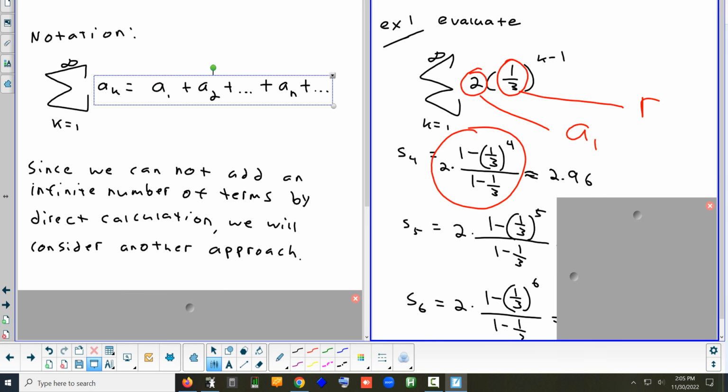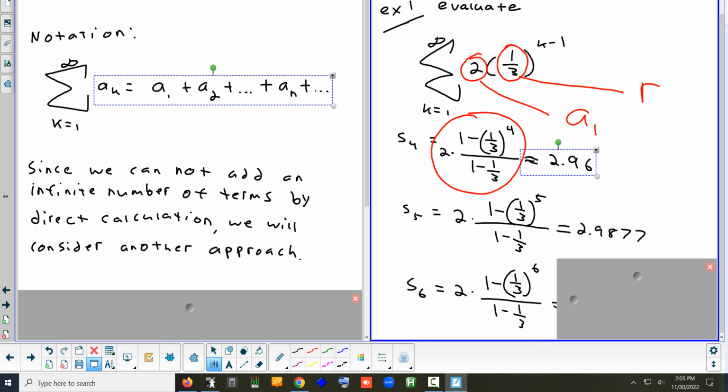So adding up the first 4, it's 2.96. What does it already look like we're getting pretty close to? 3. If you add up the first 5, you get 2.9877. And if you add up the first 6, you get 2.9959.